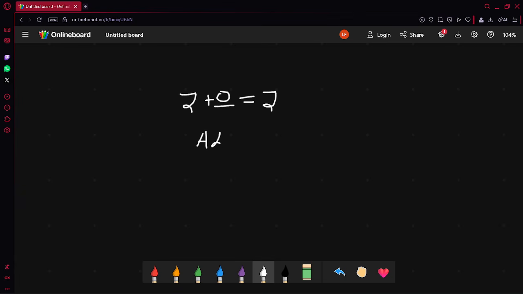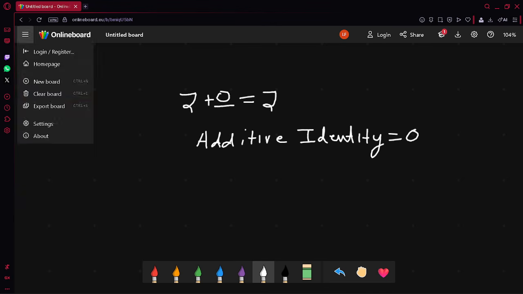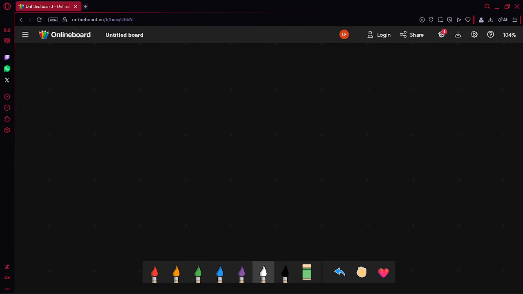So the additive identity of a complex number is 0, because we add 0 to get the same complex number back. What is the additive inverse of a complex number? What do we add to z to make it equal 0? We add negative z, because z minus z equals 0.